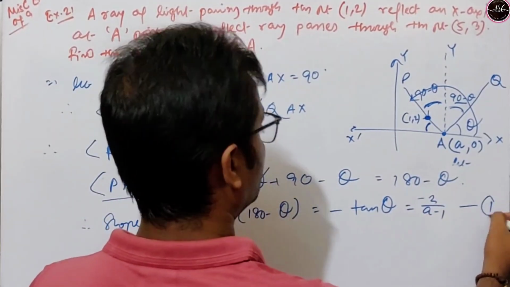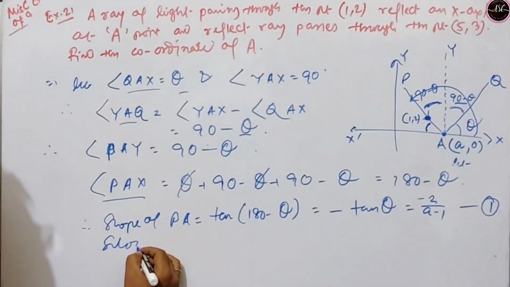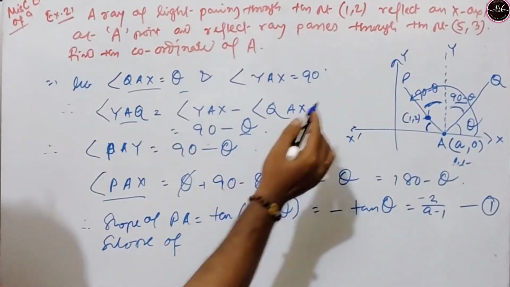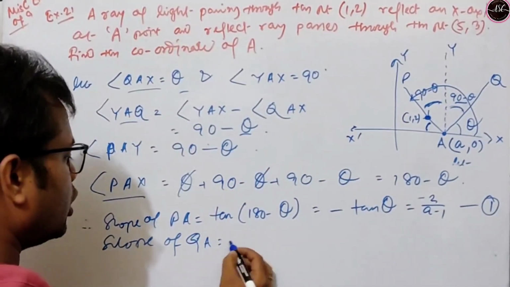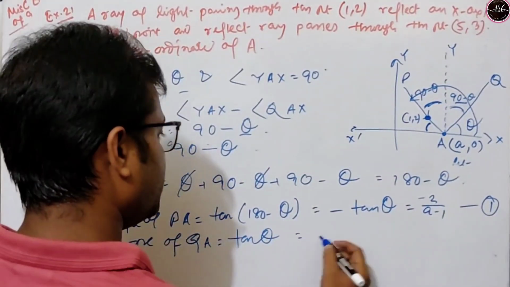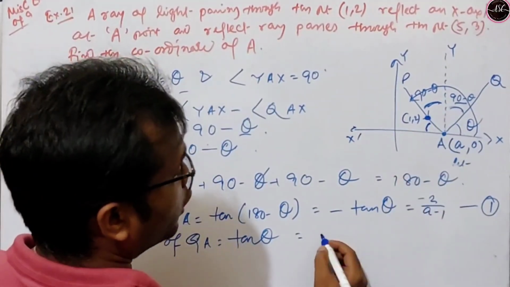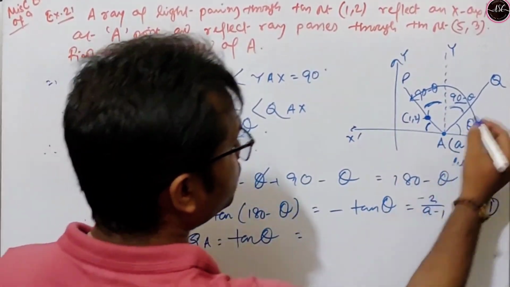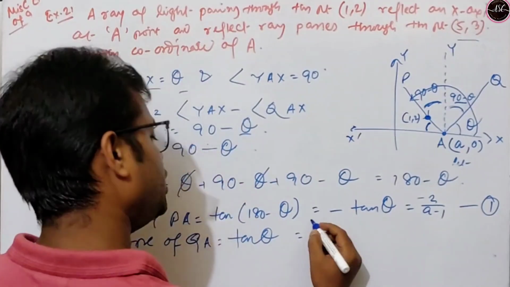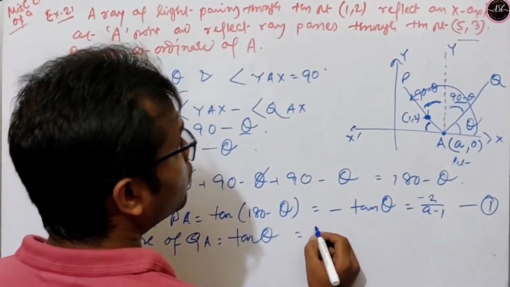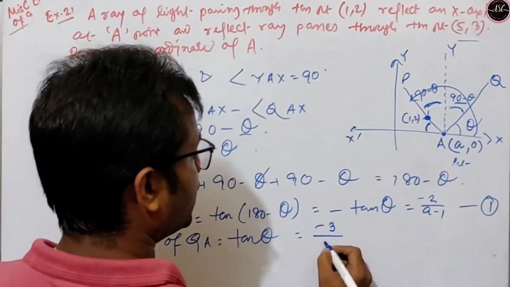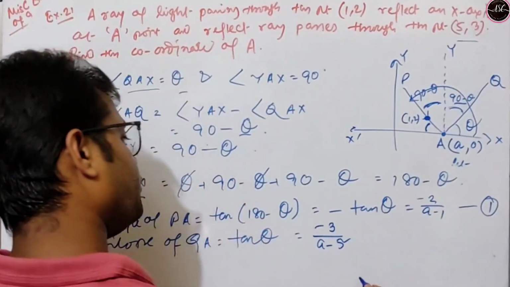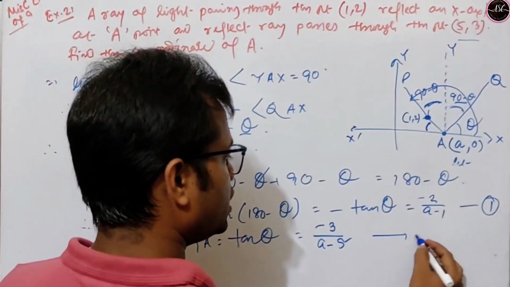This is equation 1. And slope of QA equal to tan theta, that means y2 minus y1, this is passing through (5, 3), that means minus 3 divided by a minus 5. So this is equation 2.